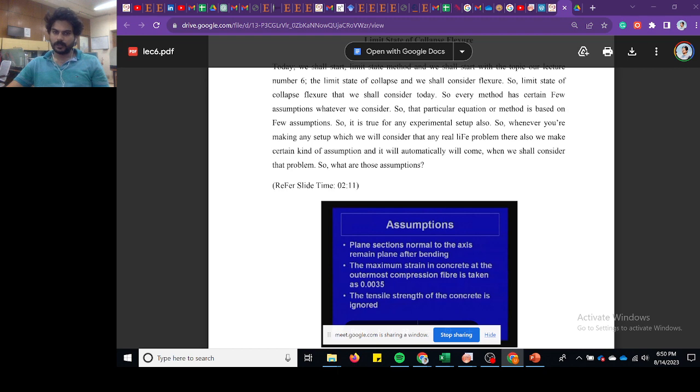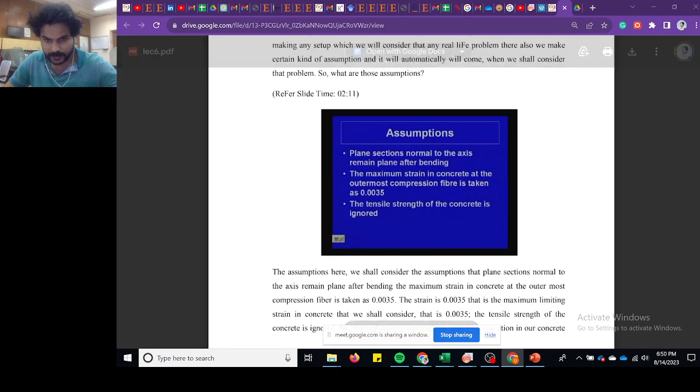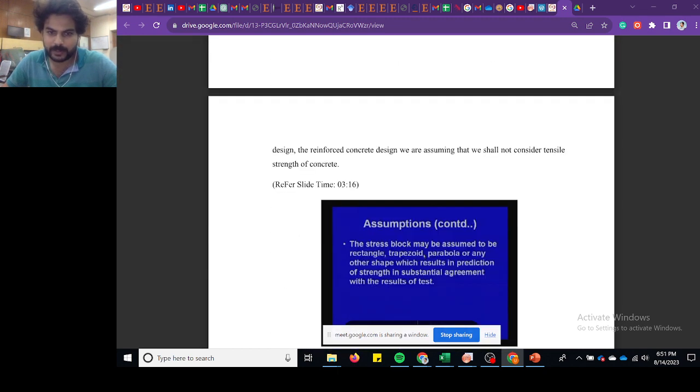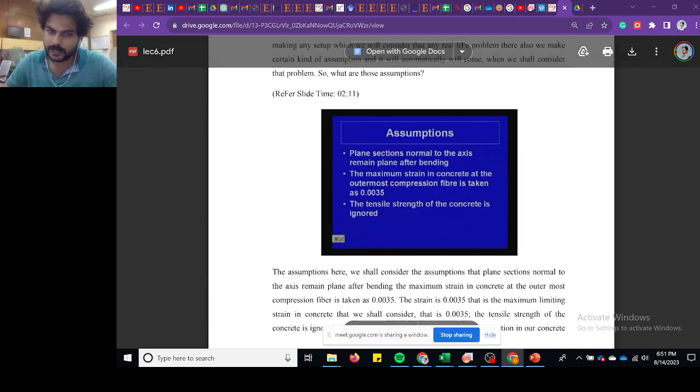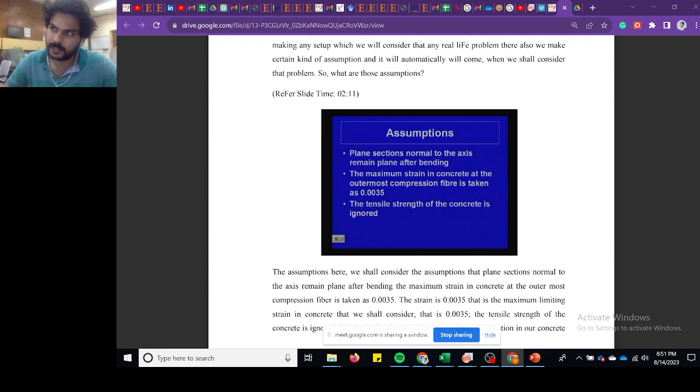No, here for the material we are taking a partial factor of safety, and there we are not taking that; we directly have sigma cbc, sigma st for some particular grade, already calculated, which we only have to consider. Here we are giving a partial factor of safety for the material and also for the load.